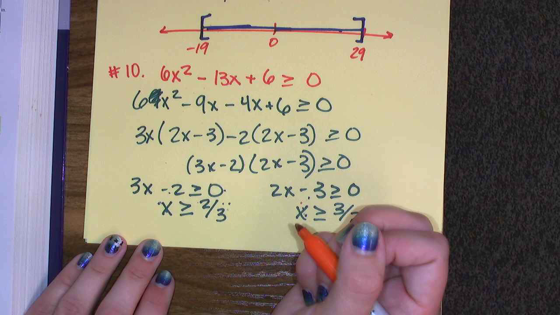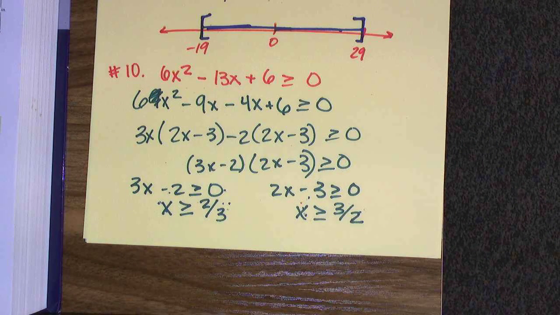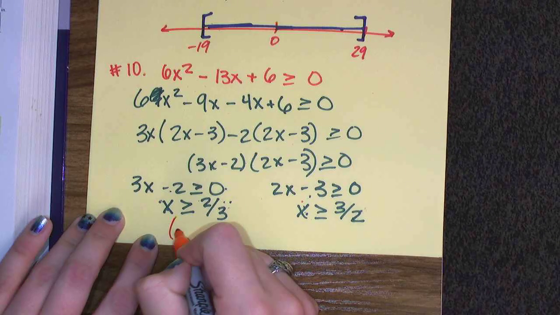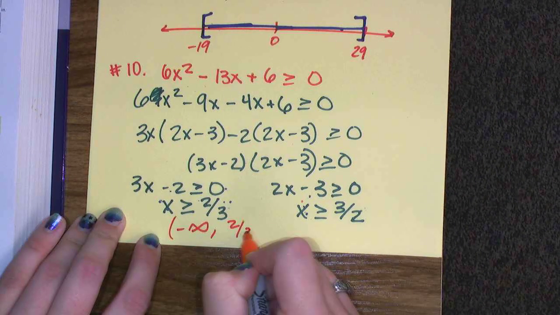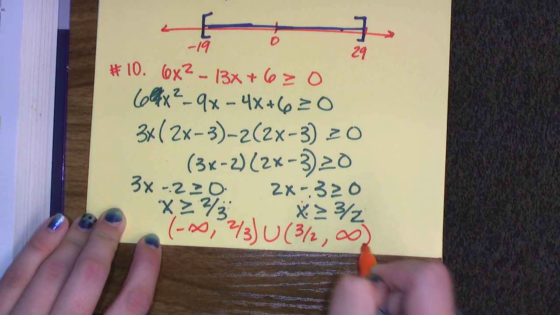The question is, does a number in here work? Does the number 1 work? Six minus 13 is negative 7, plus 6 is negative 1. Is negative 1 greater than or equal to 0? So that should be your answer.